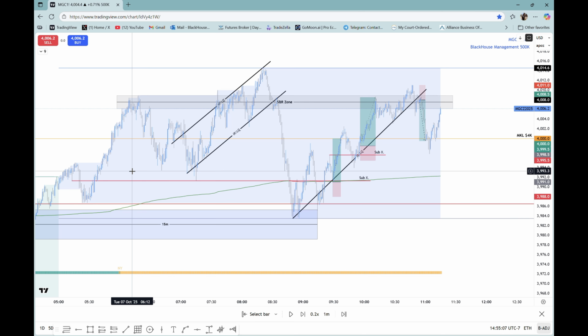But the biggest thing I want to point out is how this bull trend took place, and then when we broke it, we came to retest this level, which was inside and lined up perfectly with the support and resistance zone. We could have gone short here, give yourself 30 points just to cover the stop, and then you could have targeted MKL 4K.